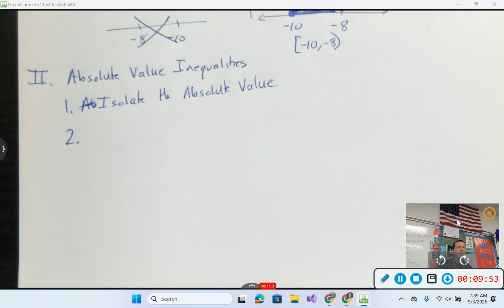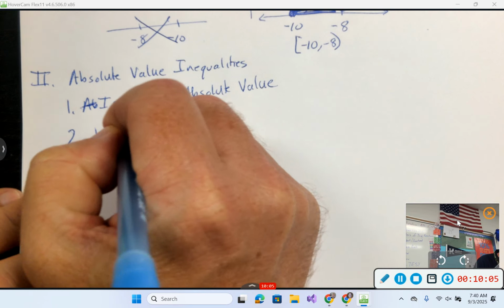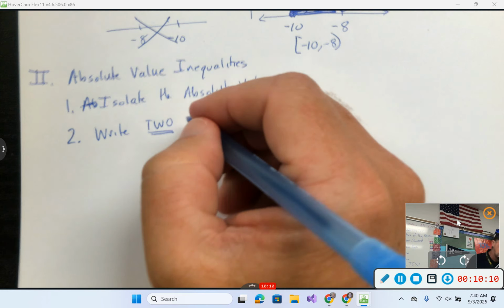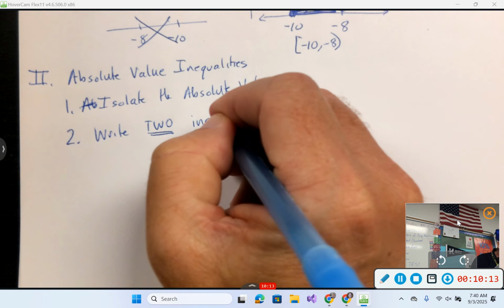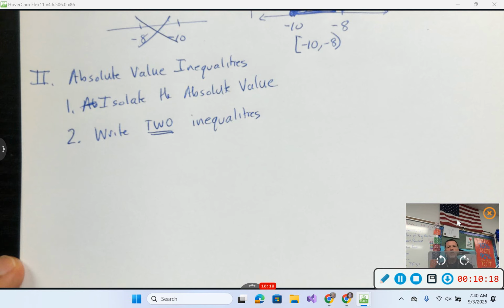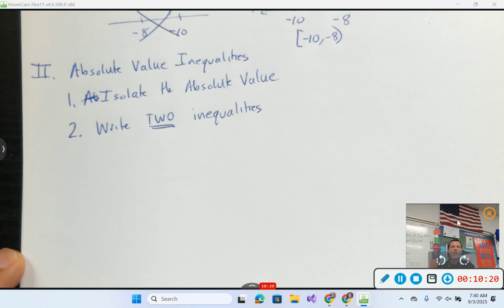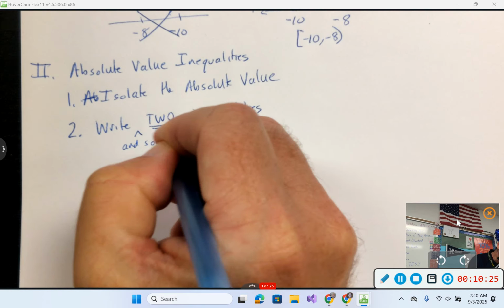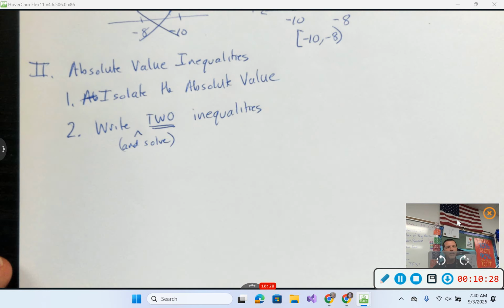What did we do next when we did absolute value equations? We broke it up into 2 equations, one equal and negative and one positive. Good. We broke it up into two pieces. Well, we're going to do kind of the same thing here. We're going to write 2, but now not equations. We're going to write 2 inequalities. And I guess just to make this one step, write and solve 2 inequalities.